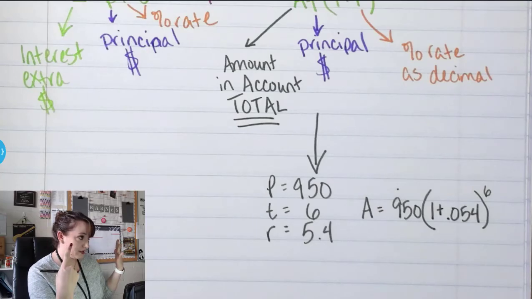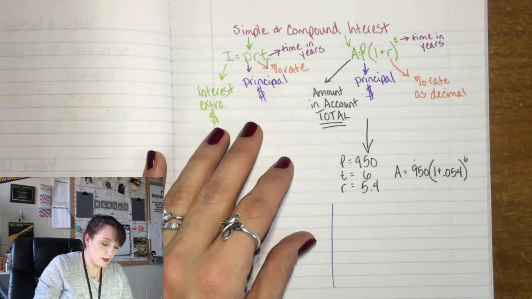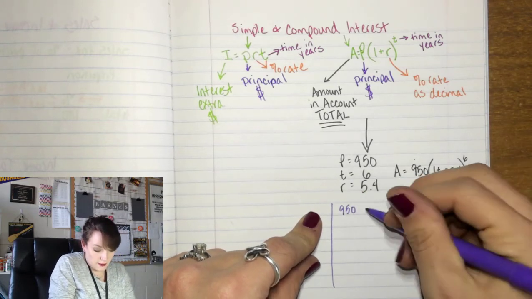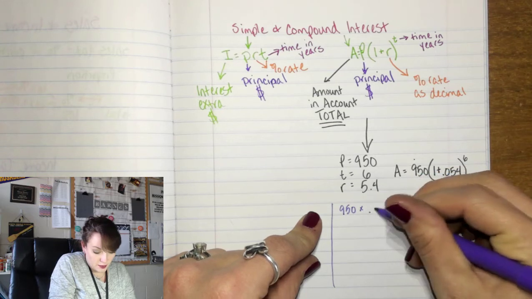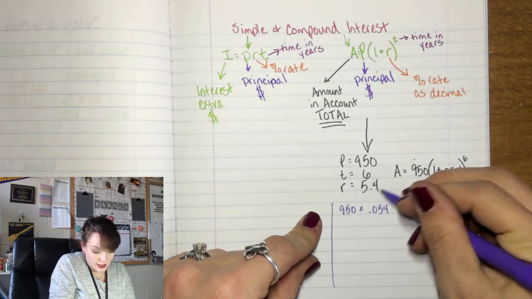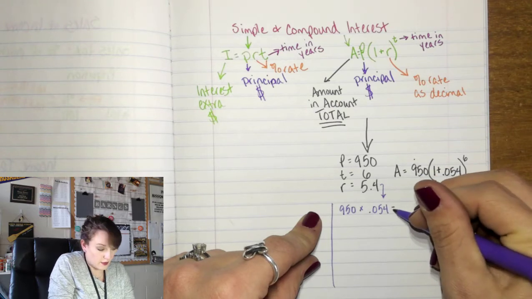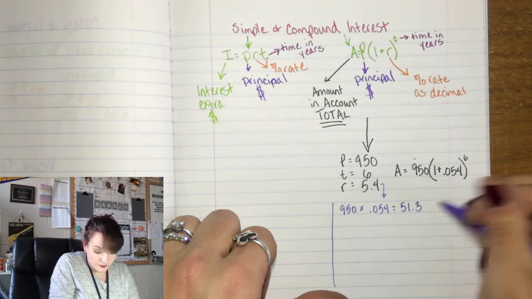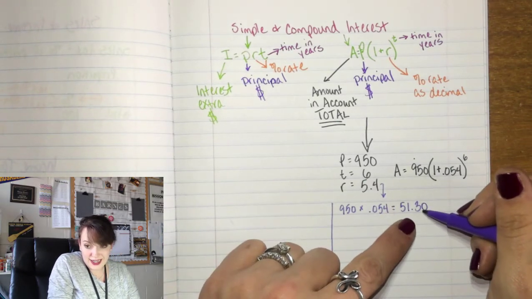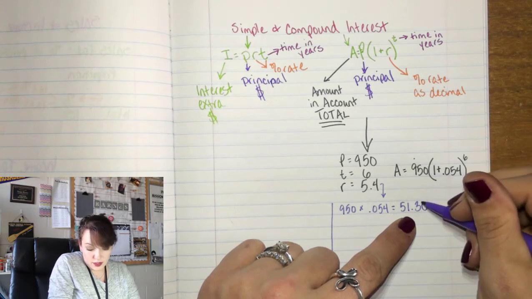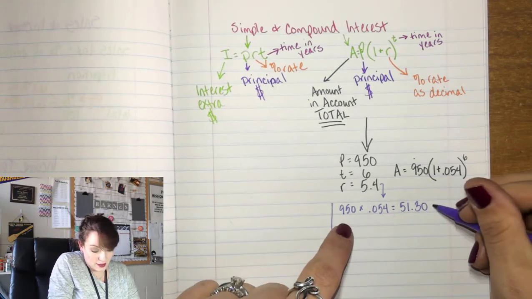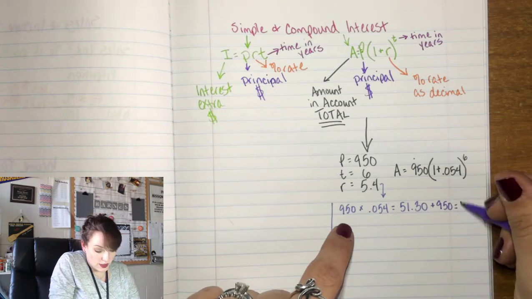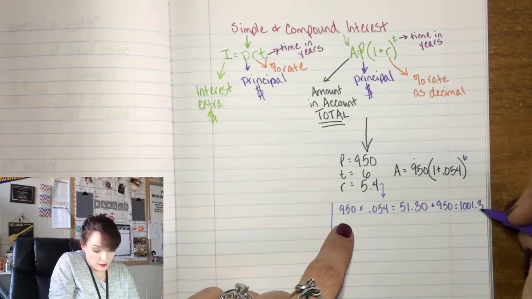Keep that in mind. An easier way to do it is to know that I put in $950 to start. Well, the first year they're going to give me 0.054%, so that comes out to $51.30. This is the interest I get after the first year. So I add this back to 950, and I get 1,001.3.